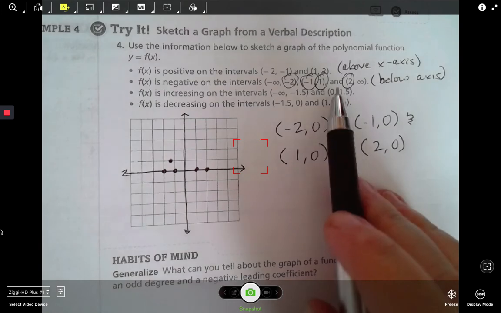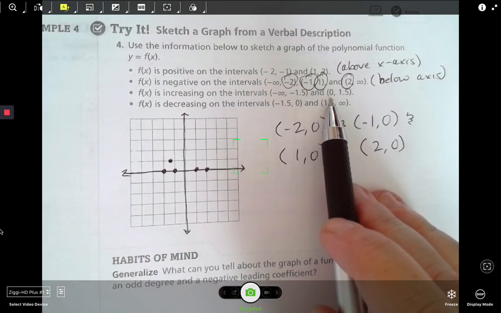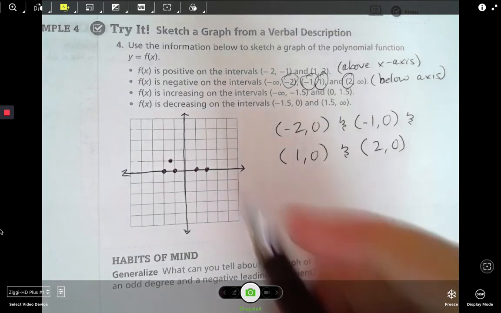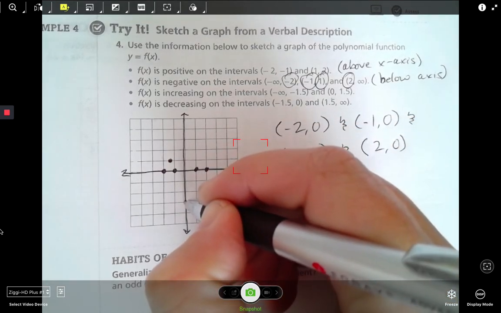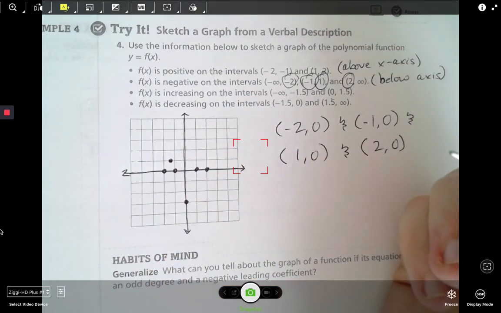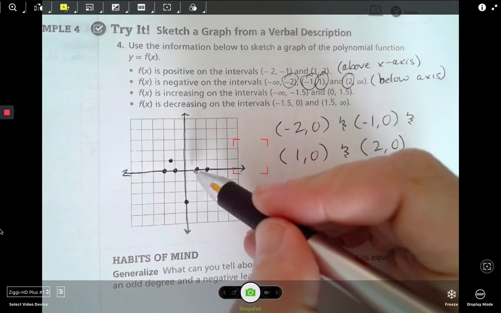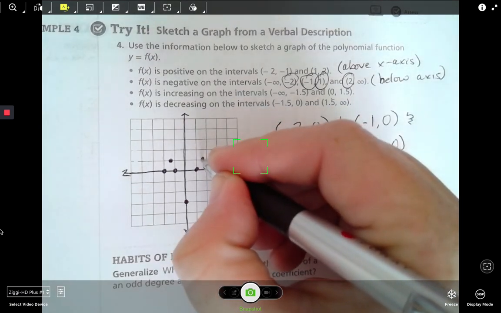I got a turning point at 0. Do you see that? Or we can look right here. Negative 1.5. I've got a turning point at 0. I just went down to 3 just to make things a little different. And then I've also got a turning point at positive 1.5, which would be right in here.